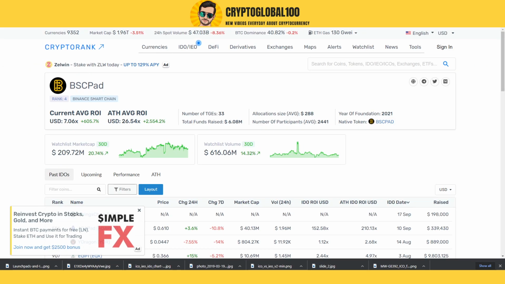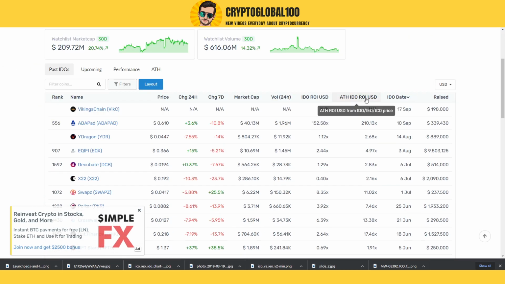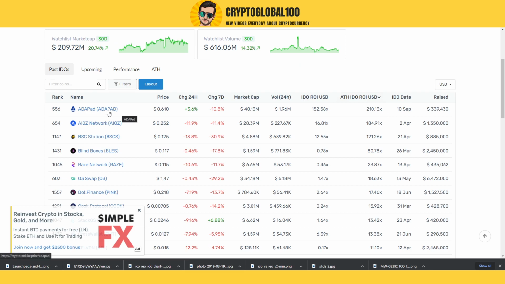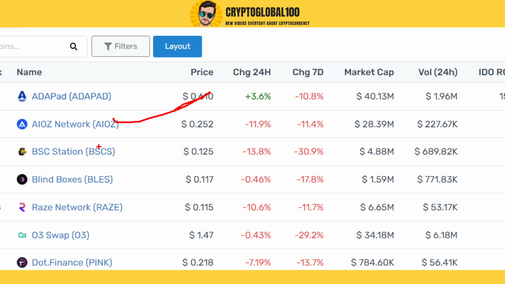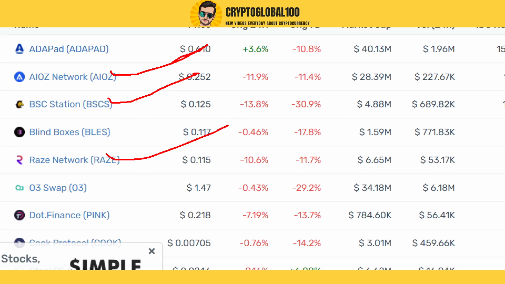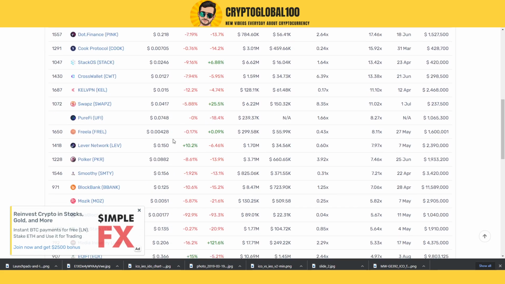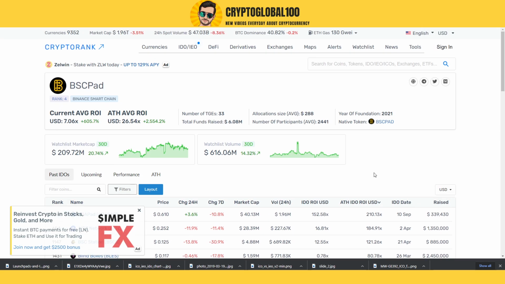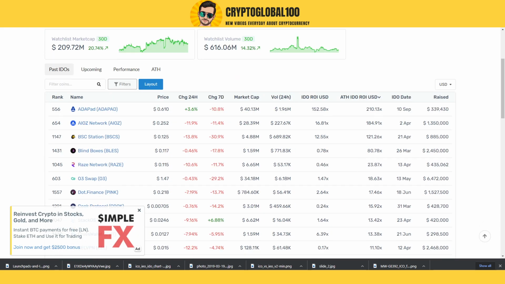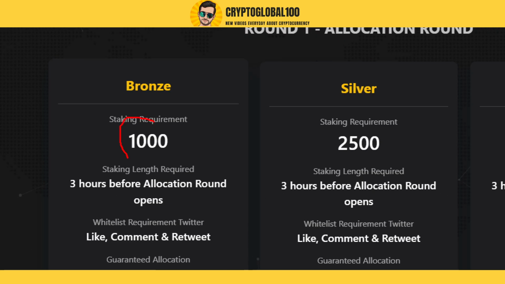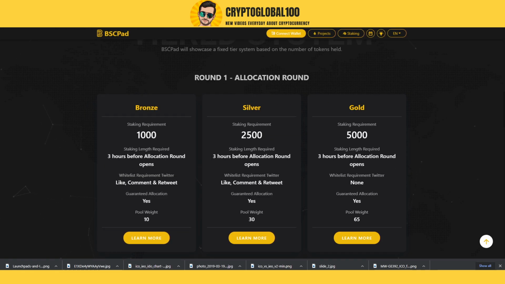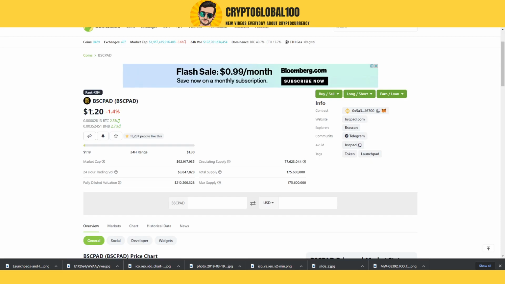Continuing, the third one in the list is the Bscpad. If we take a look at its all-time high, you can see ADA pad recently, AIOZ network, BSC station, Raise network as well, and all the projects which launched back in the days got so huge. For Bscpad you need at least 1,000 minimum for participation, and the price of Bscpad is 1.20.